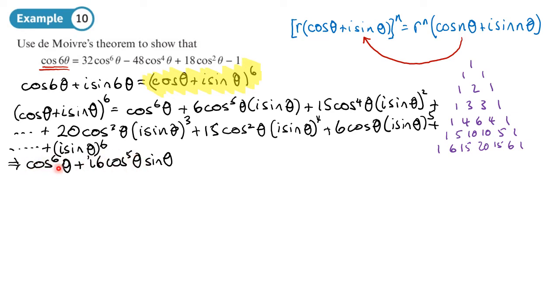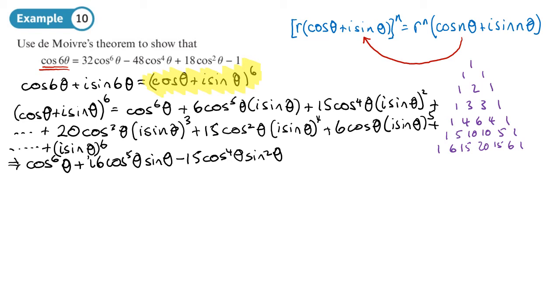So the first term is real, the second one is imaginary. The next term, now when I expand the brackets here, it'll be i squared sin squared. Now i squared is -1. So actually what happens to the third term is it will become -15 cos to the power 4 theta sin squared theta. And this term here is real because we had the i squared.